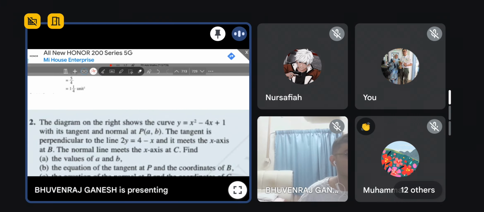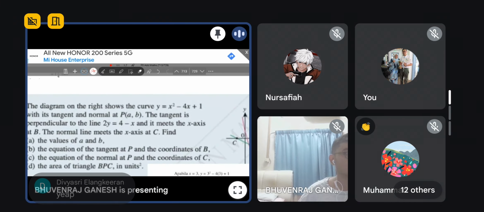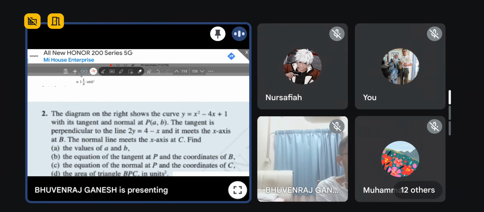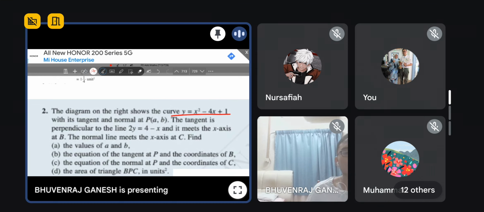Okay, so second one. Okay, so this one a bit more complex, sedikit complex only. So let's say they got a curve. Okay, ada satu lengkung macam ni. So then they say that tangent and normal pada titik ni at this point. And then they say tangent tu berserenjang dengan garis garis tu.